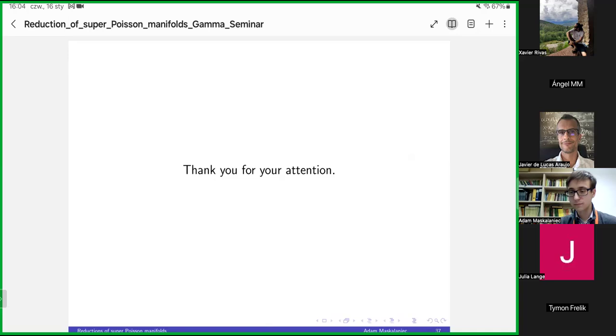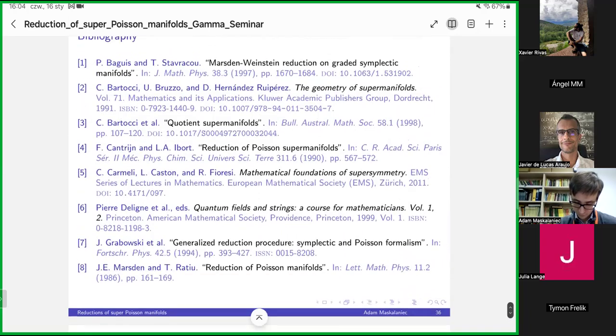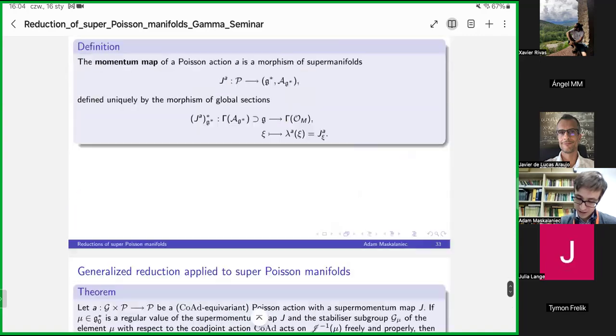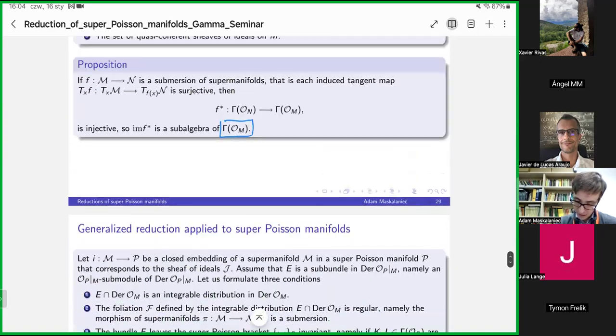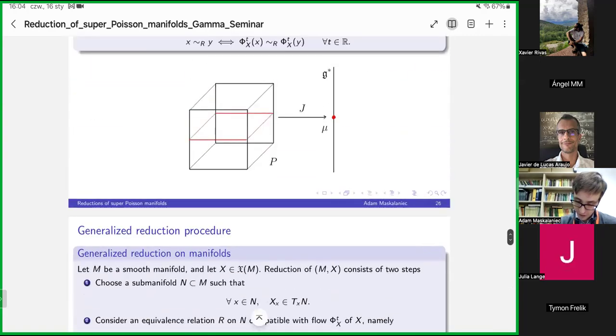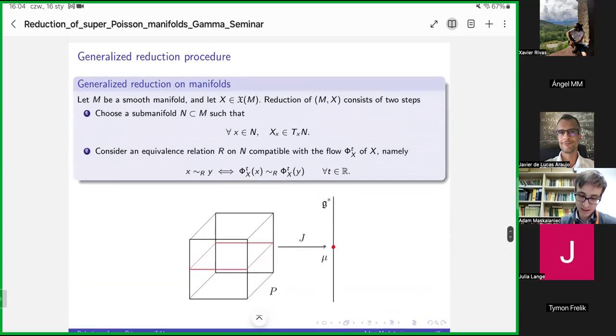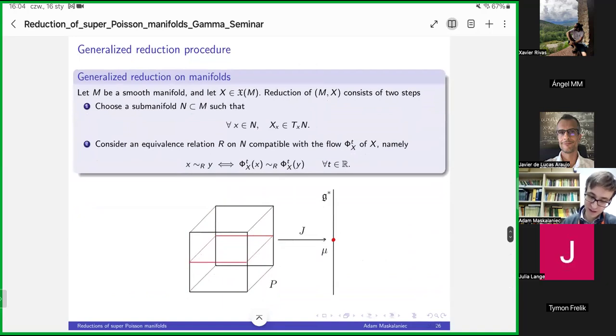The other thing is that, could you comment on the paper by Grabowski, Landi, and Marmo, Bilasi about the generalized reduction procedure? Could you talk a little bit about what is done there? What is done is the proof that those two pictures, this algebraic one and this manifold setting, are equivalent.